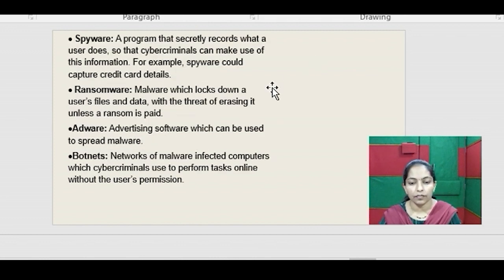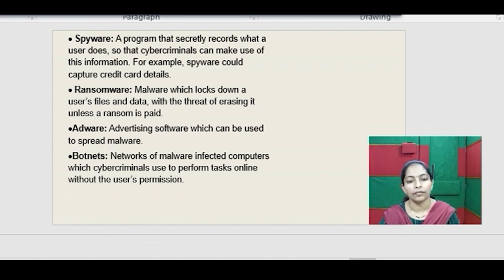Next is spyware, a program that secretly records what a user does so that cyber criminals can make use of this information. For example, spyware can capture credit card details. Next is ransomware, a type of malware which locks down a user's files and data with the threat of erasing it unless a ransom is paid.